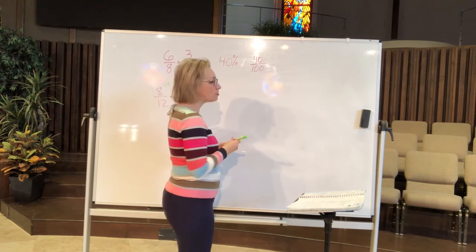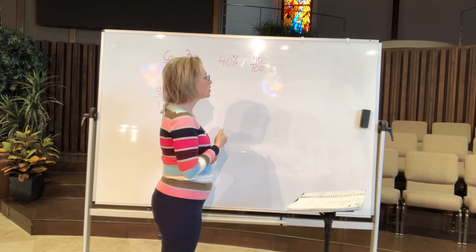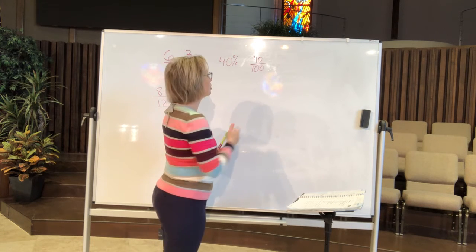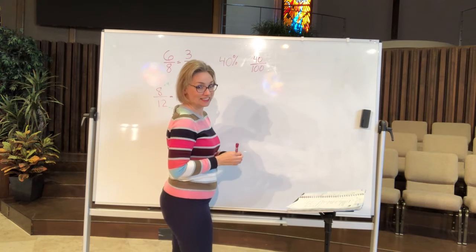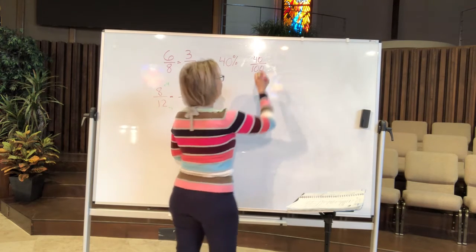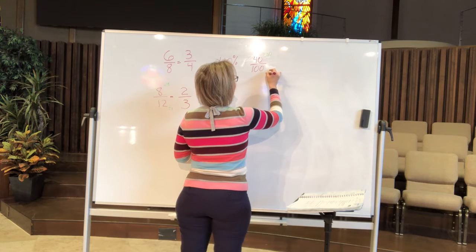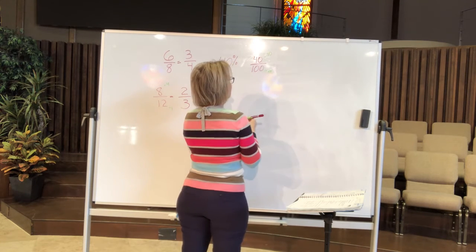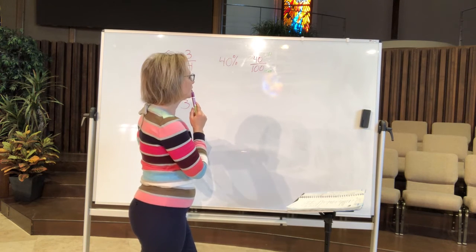Once we have 40 hundredths, we can ask ourselves, what is the biggest number, the greatest common factor of 40 and 100? Do you think what that is? Yep, it is 10. So I'm going to divide the top by 10. I'm going to divide the bottom by 10. Remember, this is what I'm thinking. Ooh, you know what? It's not 10.